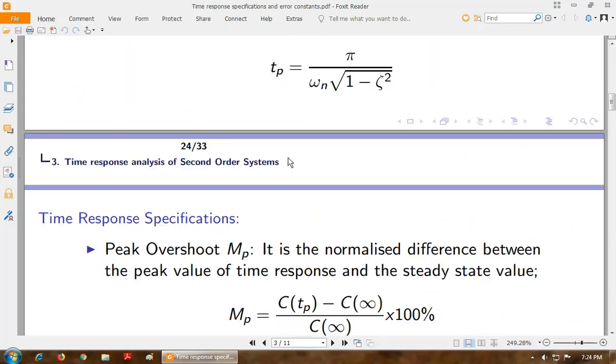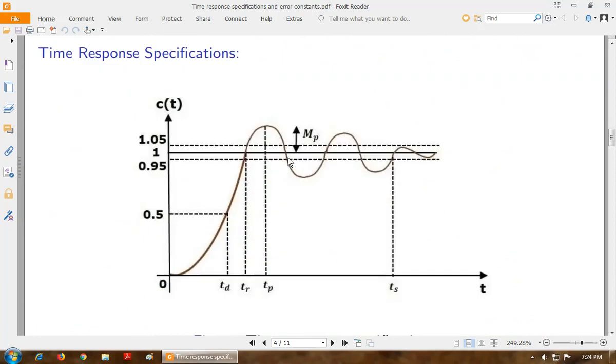Let me take you back to the response, which is shown generally like this. When the system response enters the acceptable range of the error, the time it takes to reach this error band is known as the transient response, and after that it is called the steady state response.